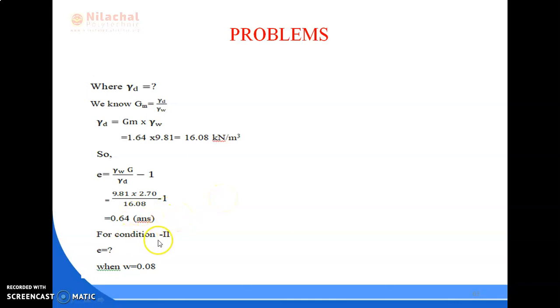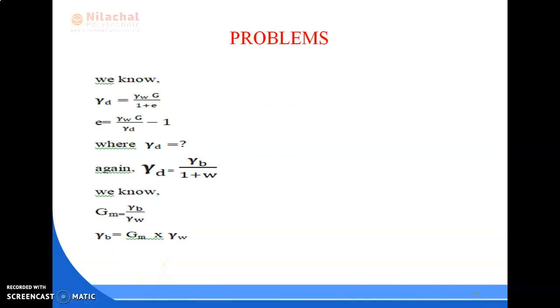And for condition 2, again we have to find e equal to question mark when water content w equal to 0.08. So we apply the same formula, gamma d equal to G gamma w by 1 plus e, which implies e equal to G gamma w by gamma d minus 1. Again here gamma d is not given.